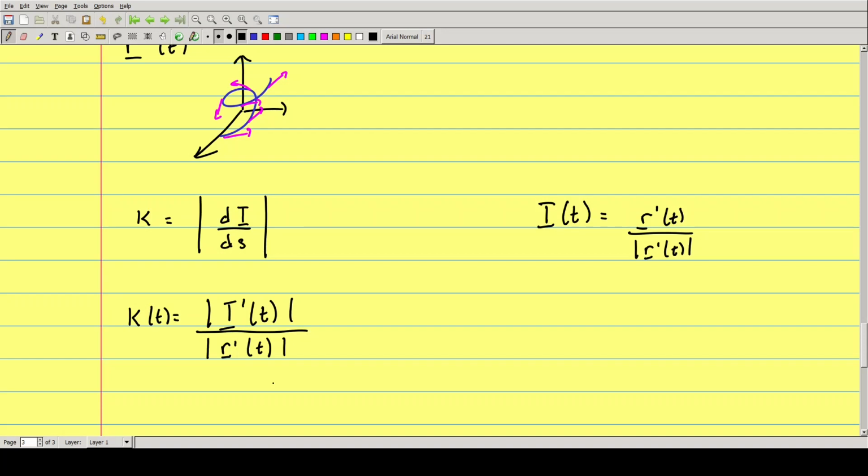We can get the formula for curvature in terms of the derivative of the unit tangent vector function and the tangent vector function. So a little bit of calculus to do in order to come up with those formulas. But what this will give you is a formula in terms of t that tells you what the curvature is for a particular value of t.